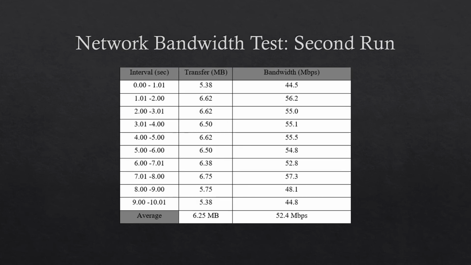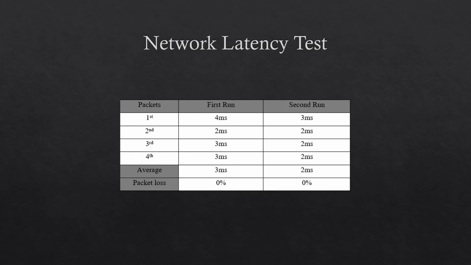This is the second run where the user sits near the router, and as expected, the result has increased significantly, to an average of 52.4 megabit per second. And the last test is the network latency test.